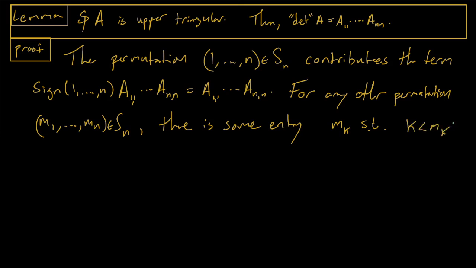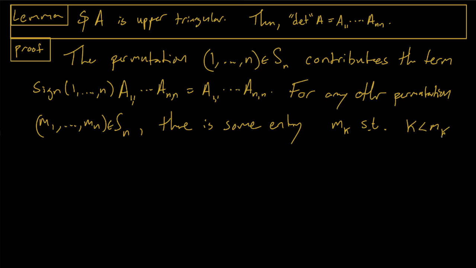That is, the only one that has everything in order is 1 through n. Everything else has something out of order. But the only way to put something out of order is to take something big and make it small, or something small and make it big. It's the same thing ultimately. On some level, you're getting some k so that k is less than mk.